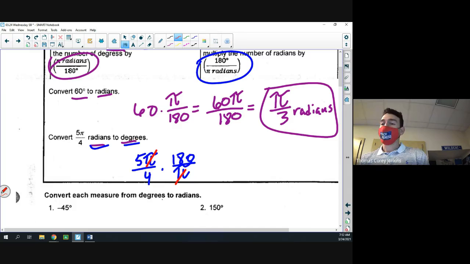If you wanted to do some cross canceling ahead of time, that might be helpful too. So really, this is going to be equal to 5 times 45 over 1, which is going to be 225.